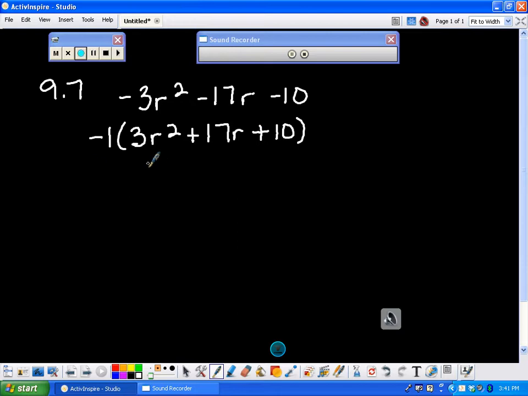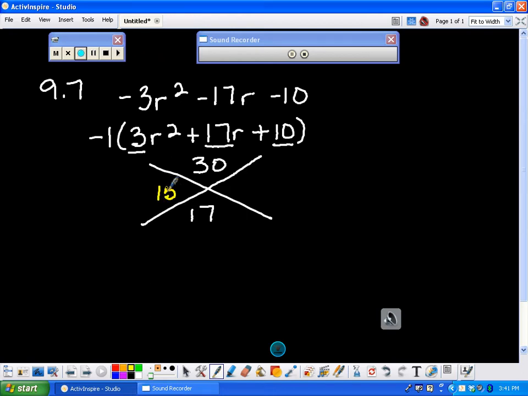Then we're back to, again, multiplying a times c, which gives us 30, and then we plug in our 17 down here. So if I think of, well, what multiplies to give me 30 and adds together to give me 17, it has to be 15 and 2.